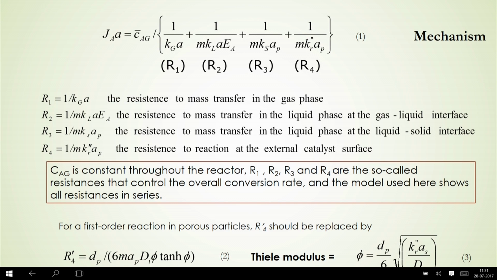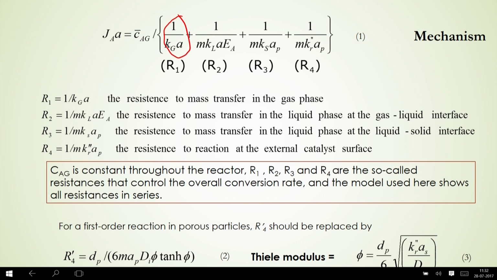What is R1? R1 is 1/k_GA. This 1/k_GA denotes the resistance to mass transfer in the gaseous phase, and R2 is 1/(m k_LA E_A), the resistance to mass transfer in the liquid phase at the gas-liquid interface. So, here gas to gas-liquid interface, and then 1/(m k_S A_P) is the resistance to mass transfer in the liquid phase at the liquid-solid interface.